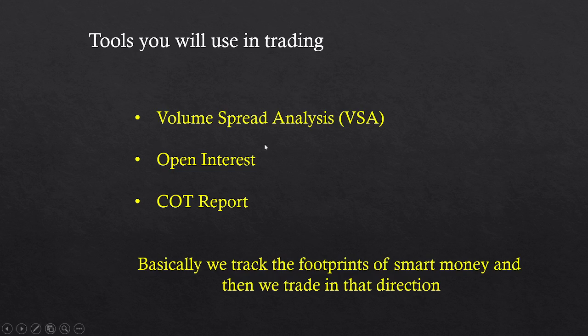And when we know that, then VSA gives us the entry point, and we will track the footprints of smart money and trade in that direction and we will get profits, as we are trading with alignment. We are aligning our trading with the smart money. So these three tools will help you to understand these footprints of smart money and to trade in that direction.